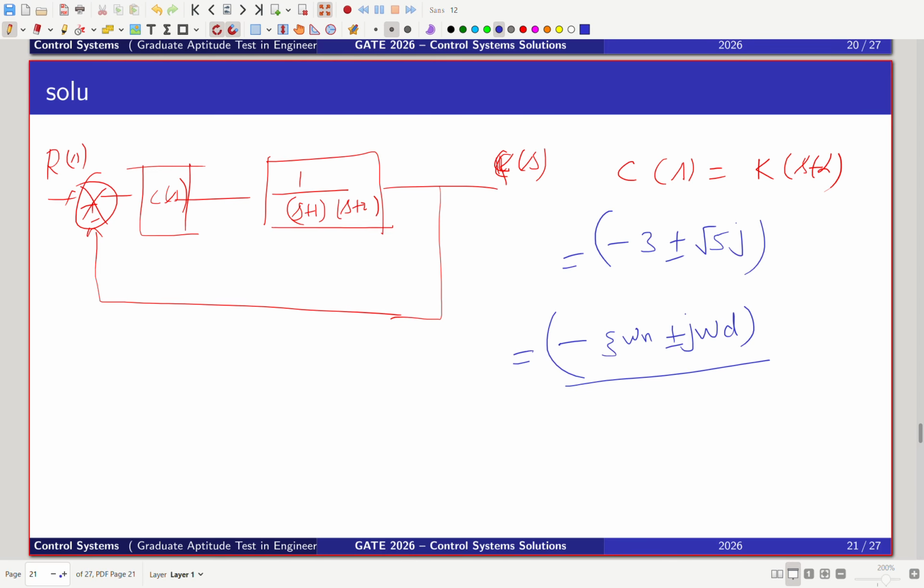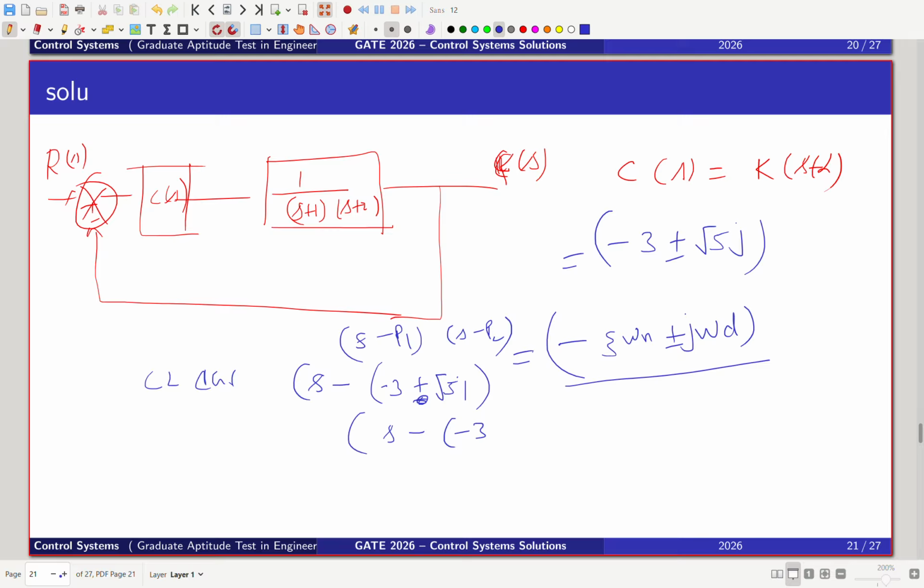So what is our closed loop characteristic polynomial? It is s minus p1 into s minus p2, right?